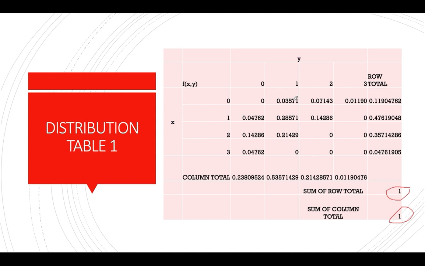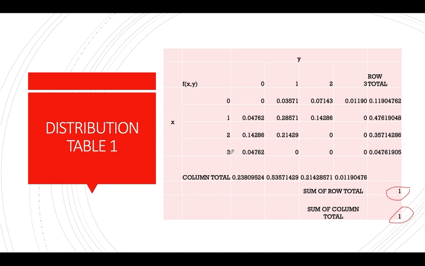So using the formula, no, that we obtained a while ago, then x equals 0, y equals 1 should be equal to 0.03571. Okay, so let's say the probability that x equals 2, or f of 2, is 0 because the sum of x and y here is more than 3.